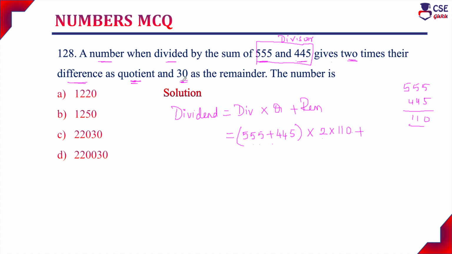Plus the remainder, 30. So we get 1000 into 220 plus 30, which is 220000 plus 30. The answer is 220030, so the correct answer is option D, 220030.